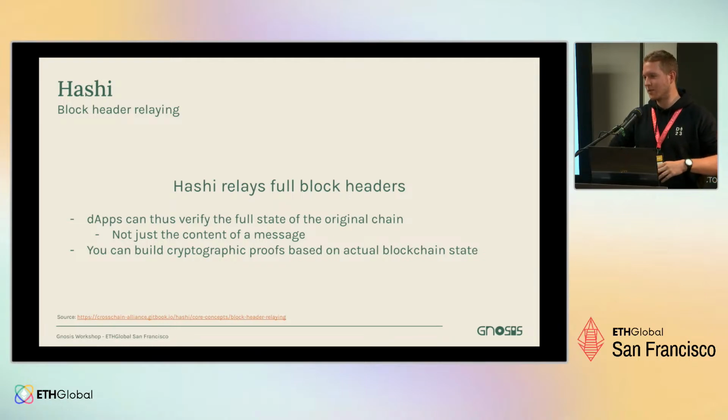Basically, it publishes the headers on chain, and you can use that to verify state, to build proofs of any kind. That would then verify the entire chain of state of the blockchain instead of just passing messages around.